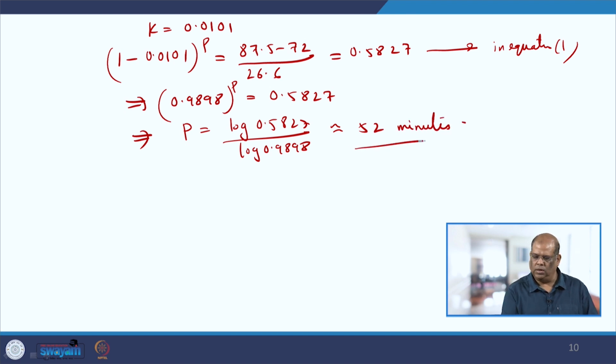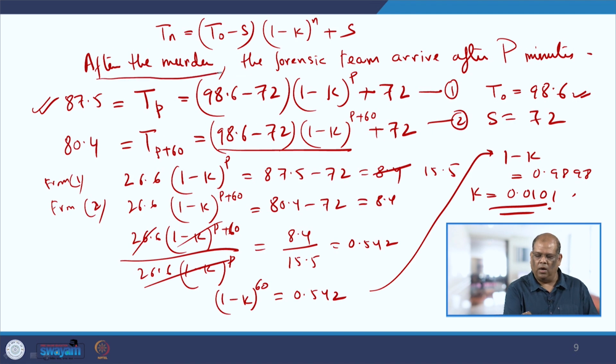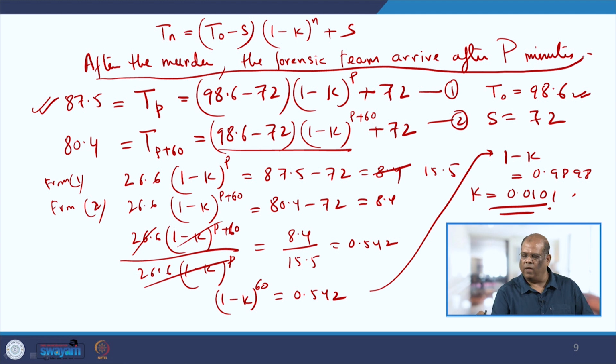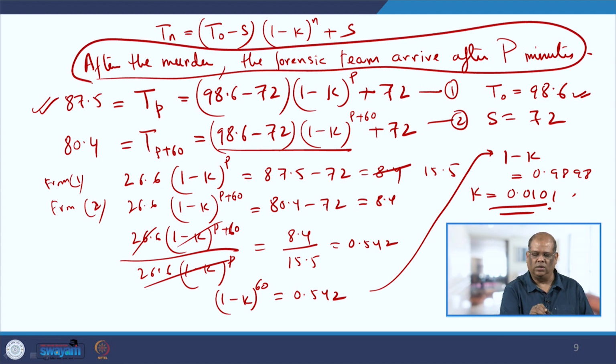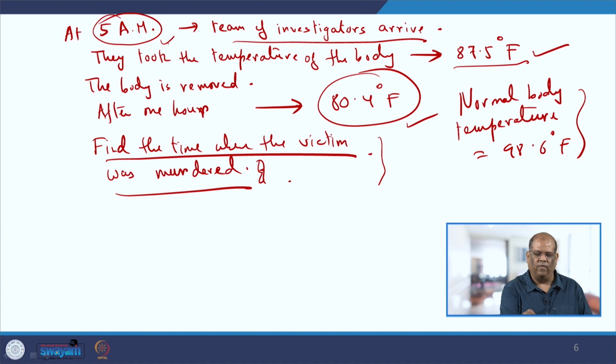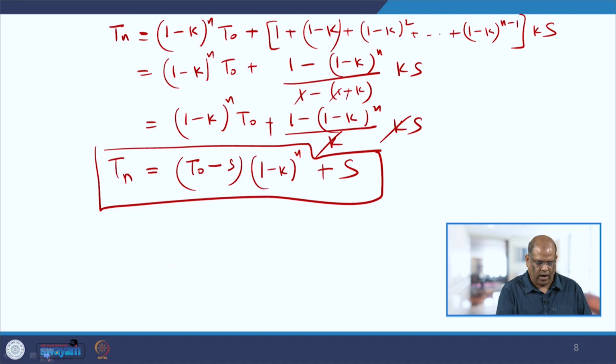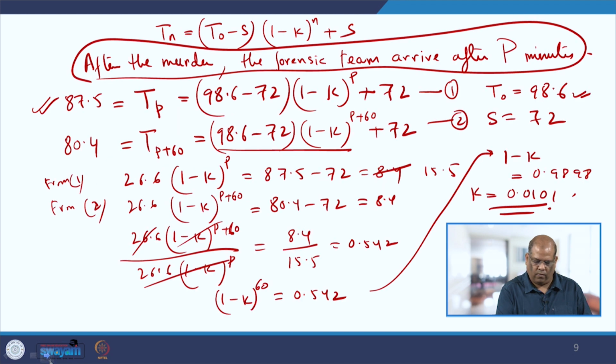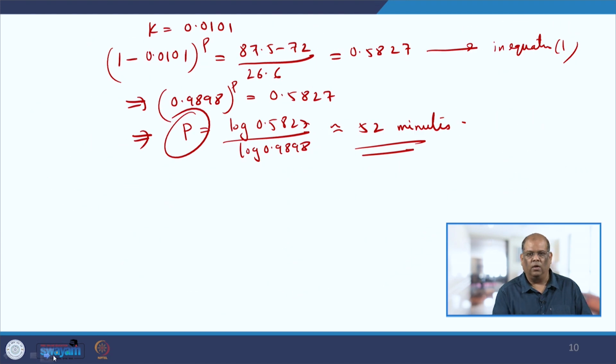So, what is this 52 minutes? If you recall, after the murder, the forensic team arrives after p minutes. So, after 52 minutes of the murder, they arrived, and the time was 5 a.m. So, if you subtract 52 minutes from their time of arrival, what you get is an approximate time of murder.